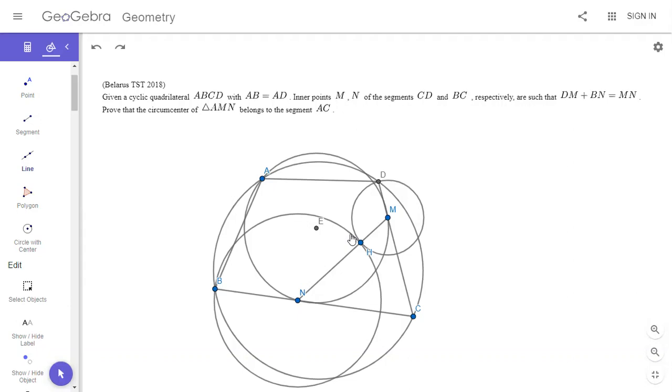So we want to show A is the excenter of MNC. Is this some kind of in-center, excenter lemma?